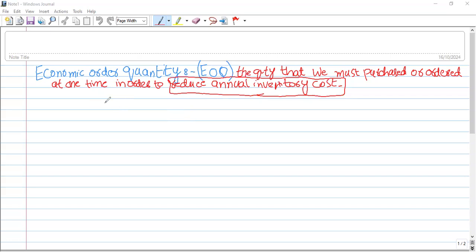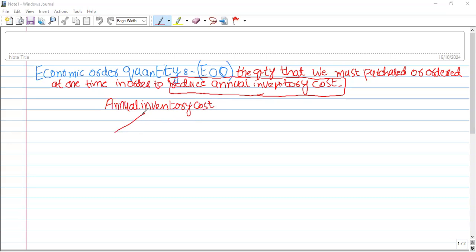So we must know about annual inventory cost. Which costs are included in annual inventory cost?